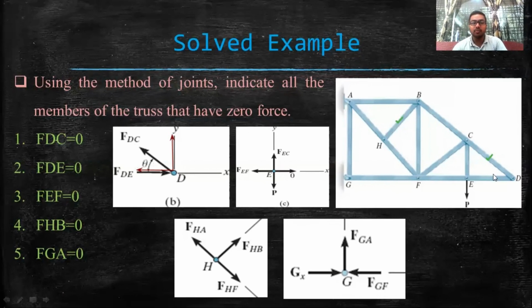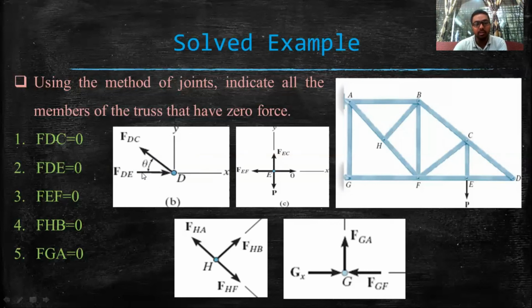Now, if we analyze this further, as FDC is 0, there will be no contribution of this FDC in both vertical and horizontal direction. And if there is no contribution of FDC in the vertical and horizontal direction, then the free body diagram of joint D is left with only one force, that is FDE, acting in the horizontal direction.